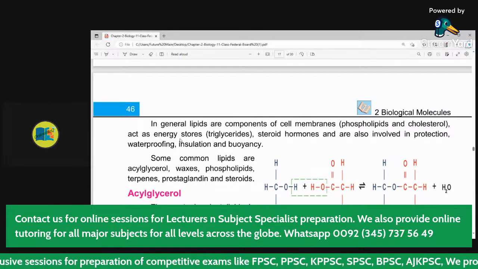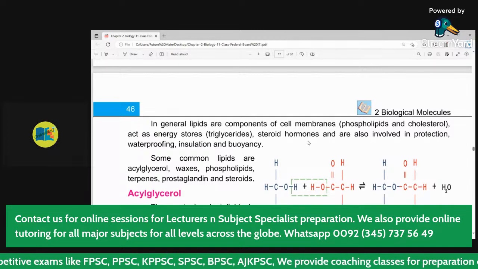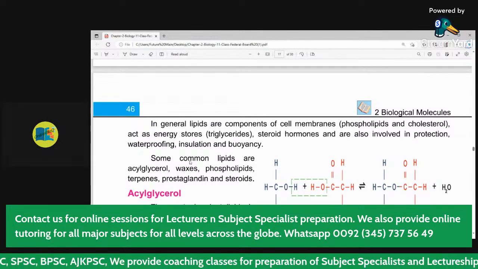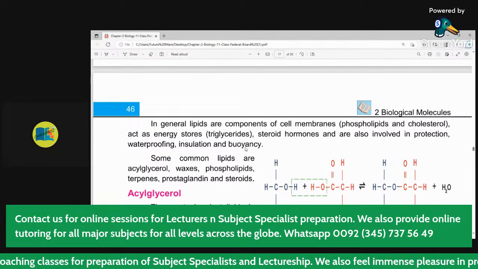Triglycerides act as energy stores. There are steroid hormones, and lipids are also involved in protection, waterproofing, insulation, and buoyancy.